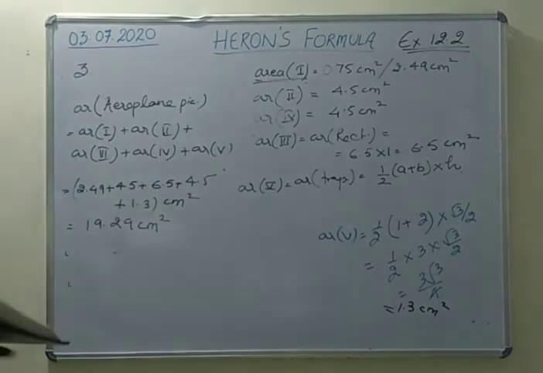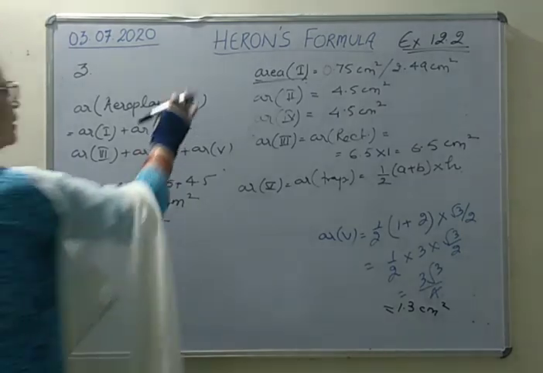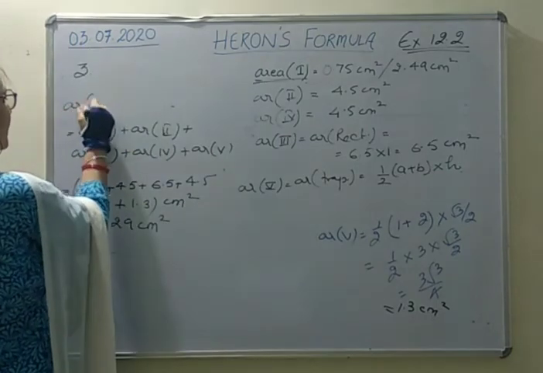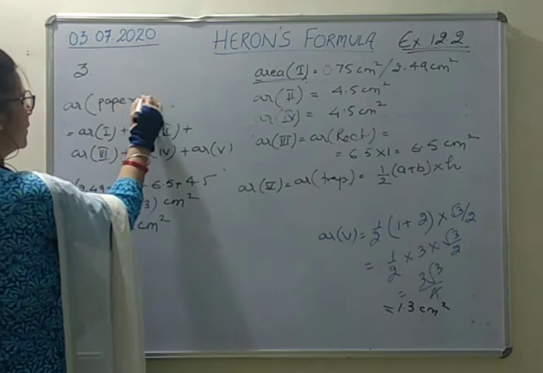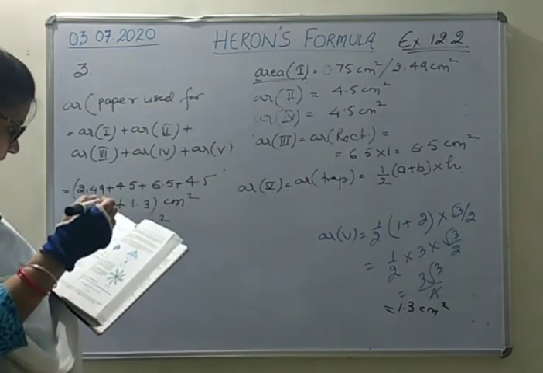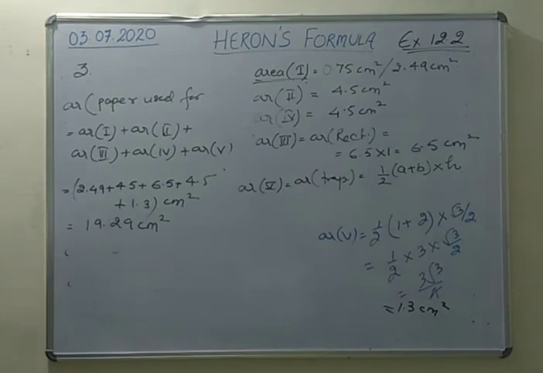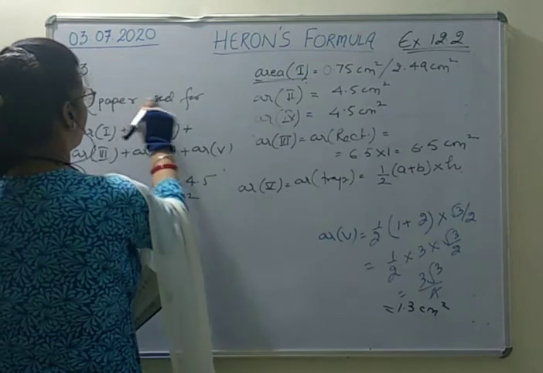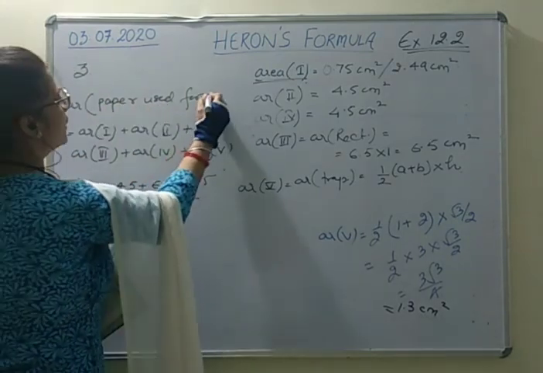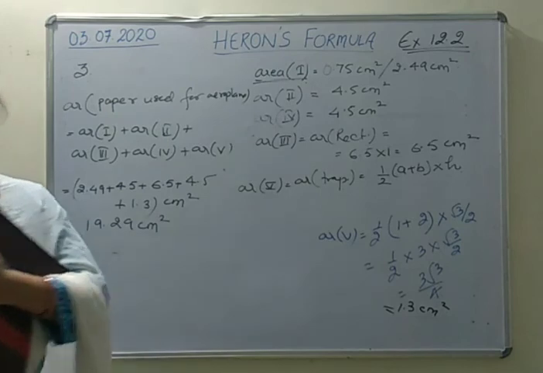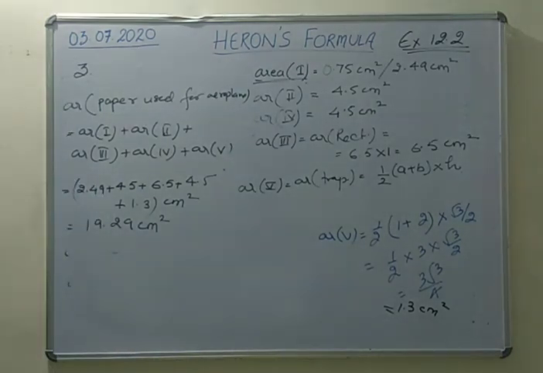What is the total area of the paper used? तो जो total area of the paper used है ना, total what we have obtained, area of paper used for making the picture of aeroplane. ठीक है. और total area will be 19.29 सेंटीमीटर स्क्वायर.